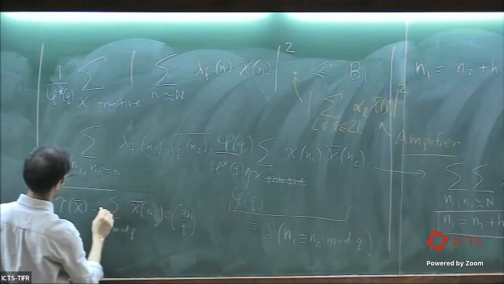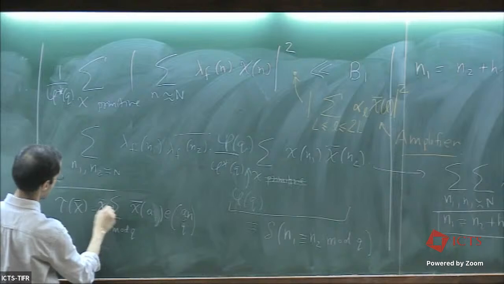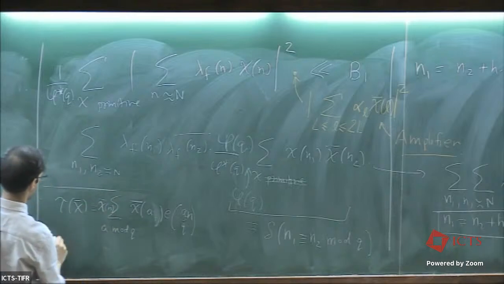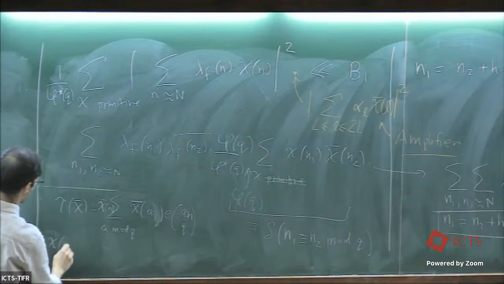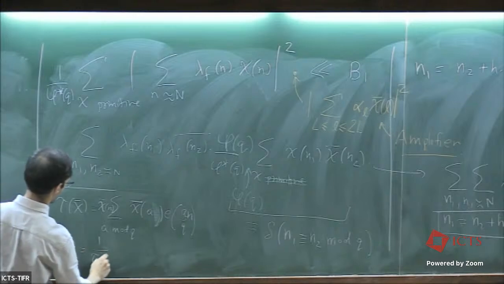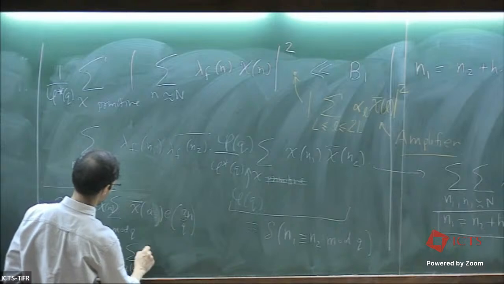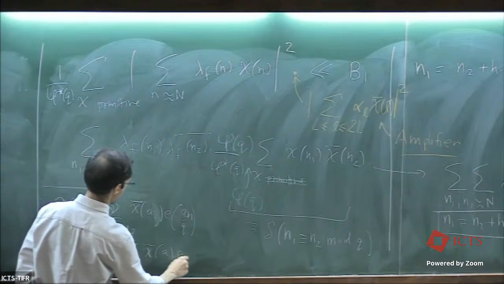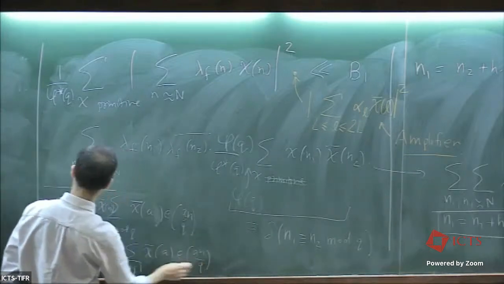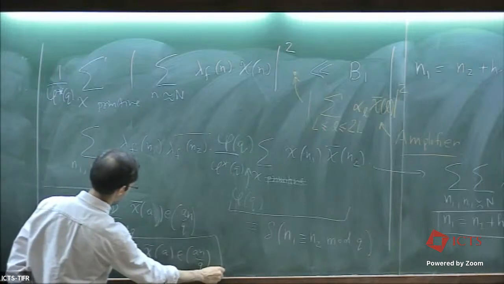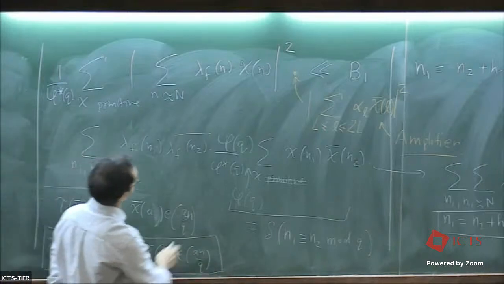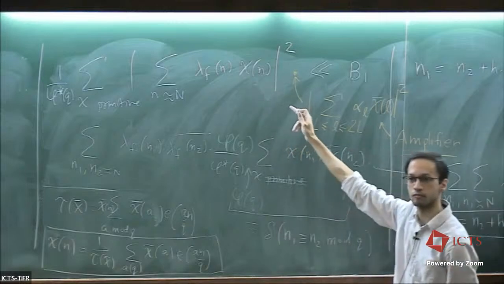So this comes out, and you have chi bar n. So what you have over here is that write chi of n as 1 over tau chi bar, and then a summation of a modulo q chi bar a e a n over q. So you start with writing your chi n like this, right here.